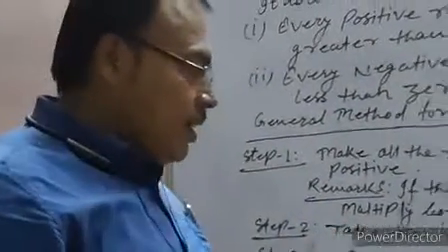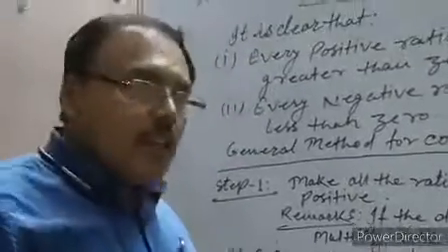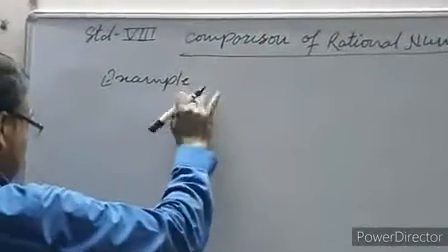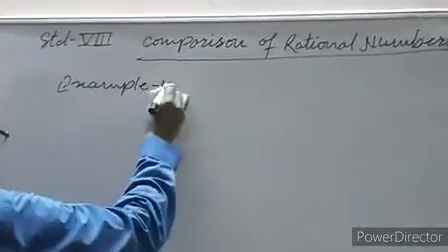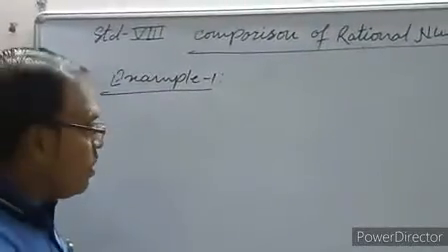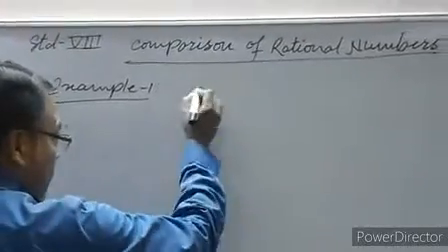It means the rational number whose numerator is greater will be the greater rational number. We learn this through examples.